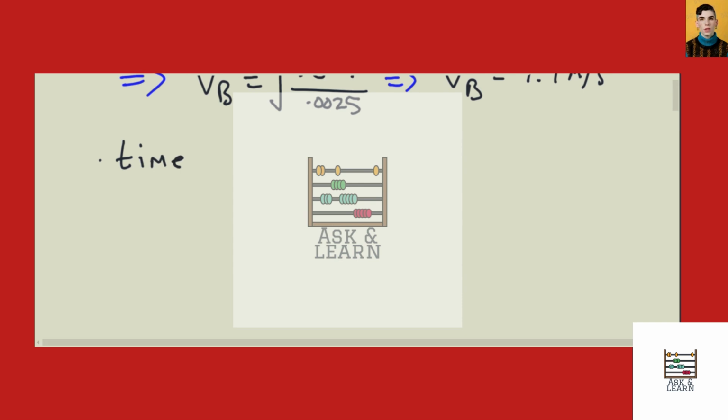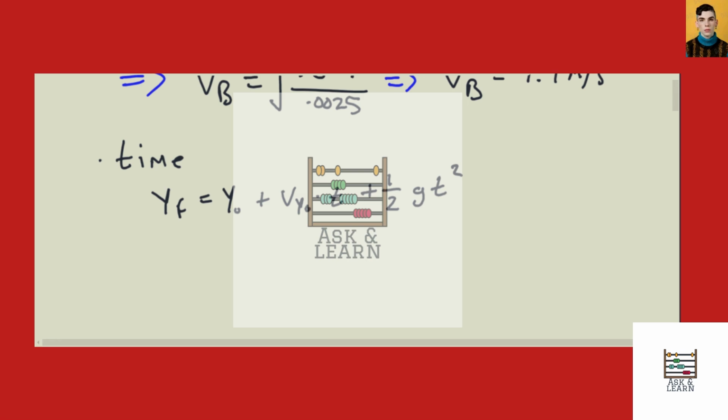We can find it using a kinematic equation, which is y final is equal to y initial plus the velocity initial in the y direction times t plus 1/2 a, in this case a is gravity, times t squared.